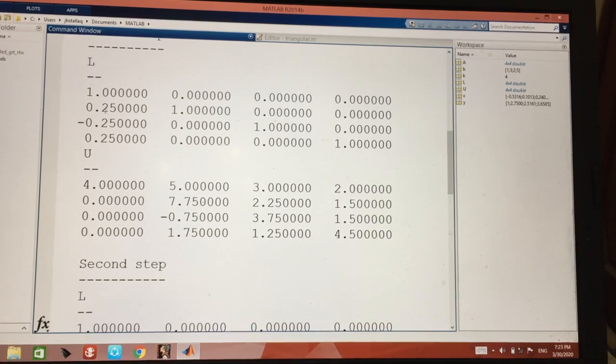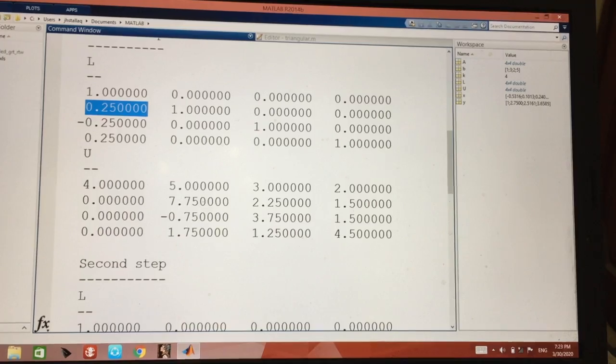Now this is 4 and this is 1. So it means this element is 1 over 4, which is 0.25. That's why you see it here. This element, we inserted here 0.25. You get there? This one here is 0.25, because of this one.